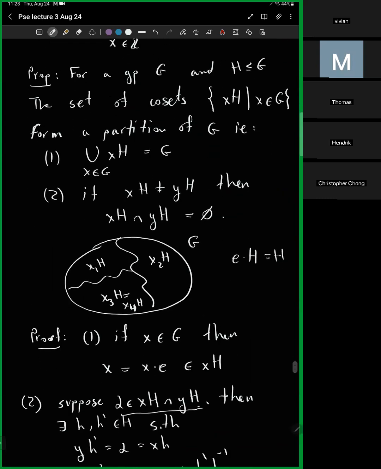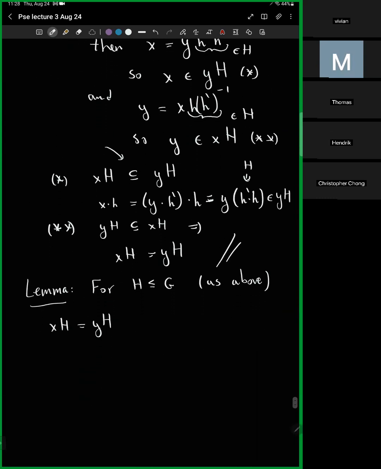So the criteria is the following lemma: two cosets xH and yH are equal if and only if x^-1 y is an element in H. And of course, the roles of x and y here are symmetric, so you could equally well write y^-1 x is an element in H. Okay, so this if and only if means that I need to prove both directions.